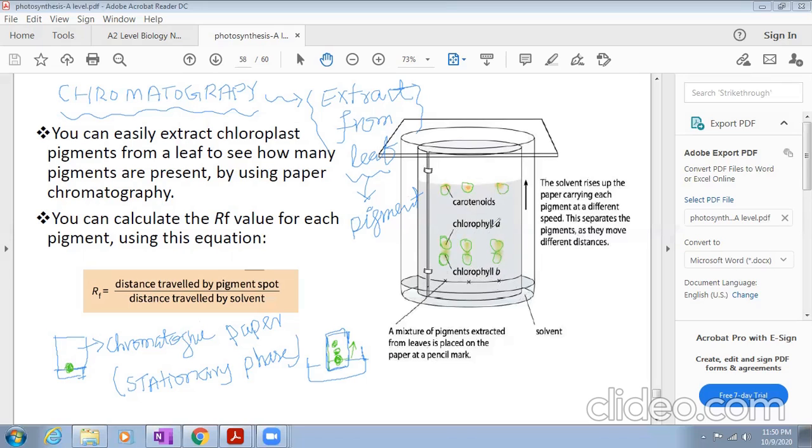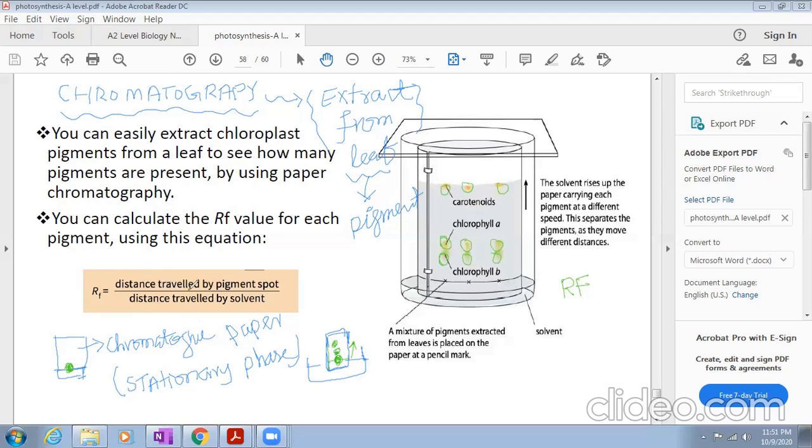Now what will happen for each pigment? You have to find the Rf factor, the retention factor. What is the retention factor? Retention factor is the distance traveled by the pigment spot divided by the distance traveled by the solvent.